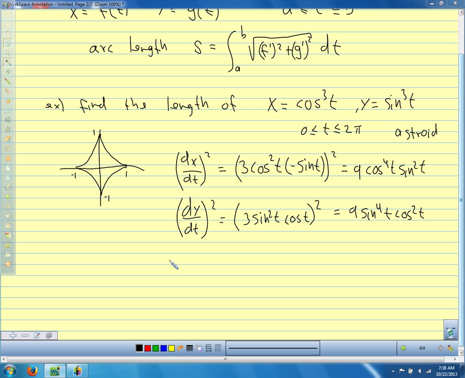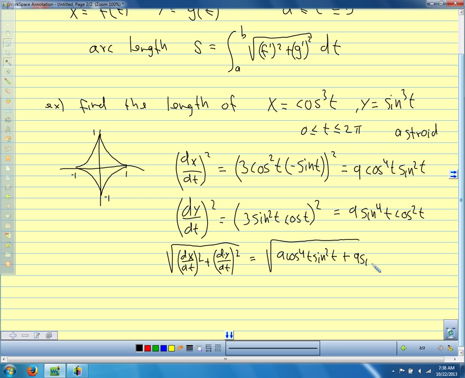So the square root of dx/dt squared plus dy/dt squared equals the square root of these two quantities added: 9 cosine to the 4th t sine squared t plus 9 sine to the 4th t cosine squared t.